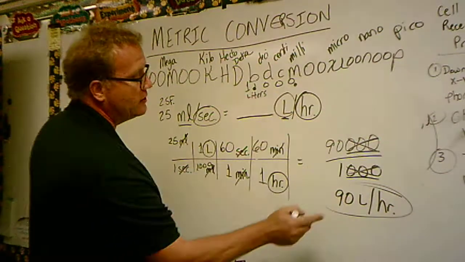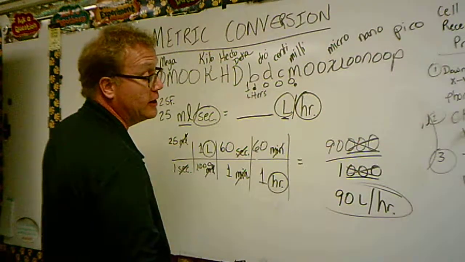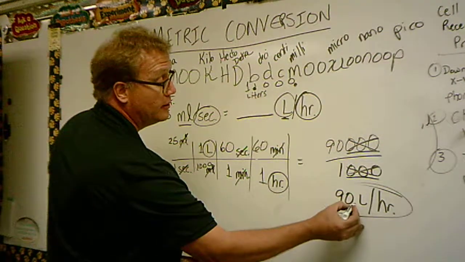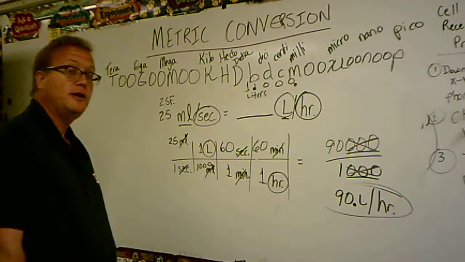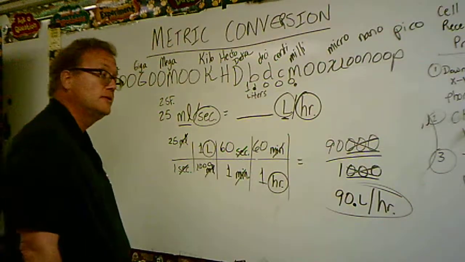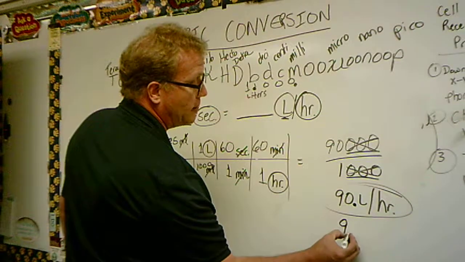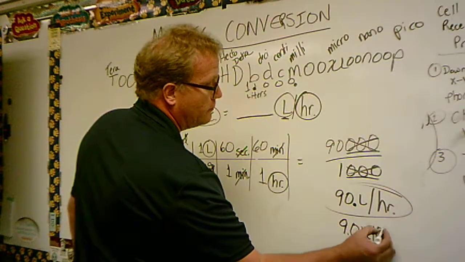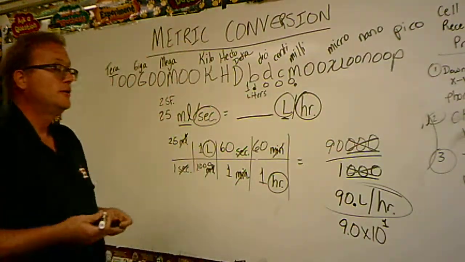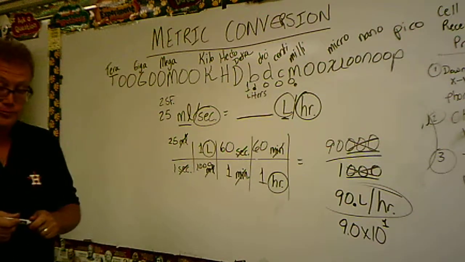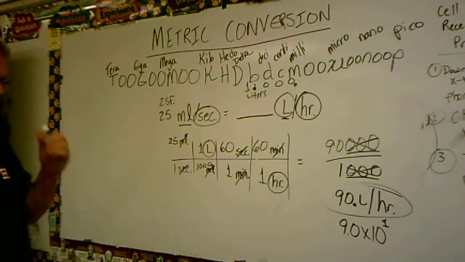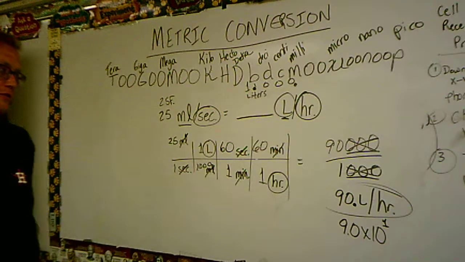How am I going to make this 2 sig figs? Well, again, I got 2 ways around it. If I put a decimal, I know that makes them count. Or I could also put 9.0 times 10 to the first power. And that would also be correct. Of course, make sure to put your units, liters per hour.